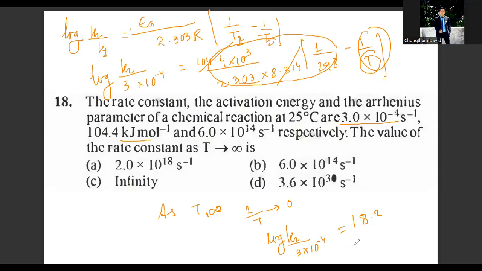Now you have to find the antilog of this. So K2 would be approximately 10 to the power 18, multiplied by 3 into 10 to the power minus 4.